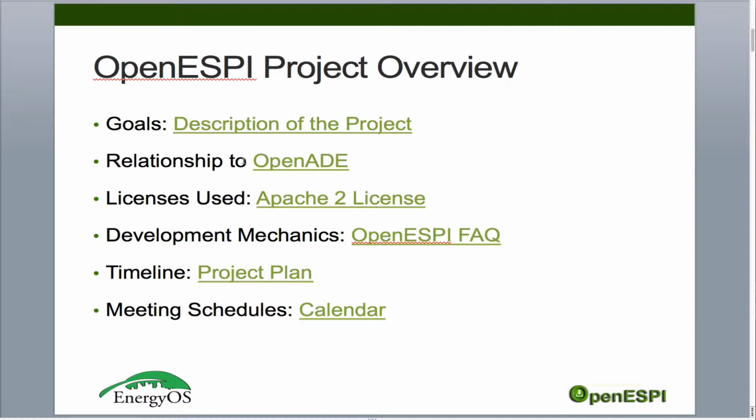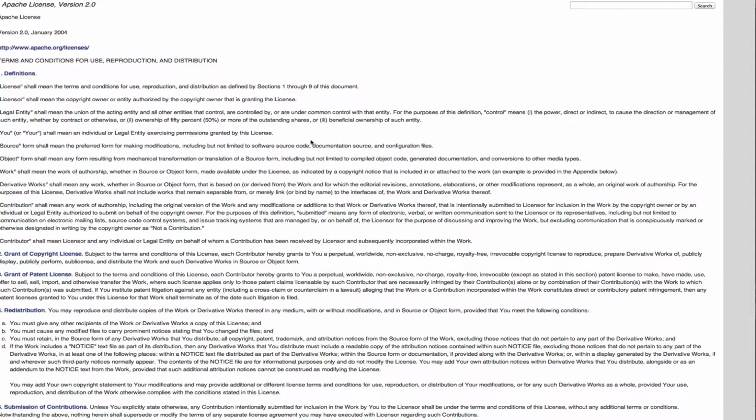The OpenSB project uses the Apache 2 license. The license, as described on the screen, in particular grants a perpetual, worldwide, non-exclusive, no-charge, royalty-free license to both copyrighted and patentable works, as restricted by any particular elements of an implementation using this license that might be listed in the license itself.